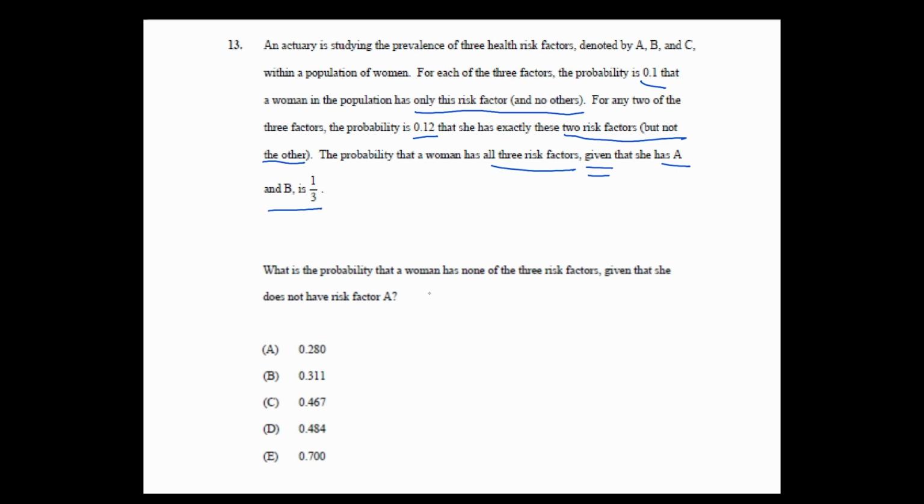What is the probability that a woman has none of the three risk factors, given that she does not have risk factor A? So this is really a Venn diagram problem, so I'm going to draw a box that denotes that 100% of the population lives within this box.